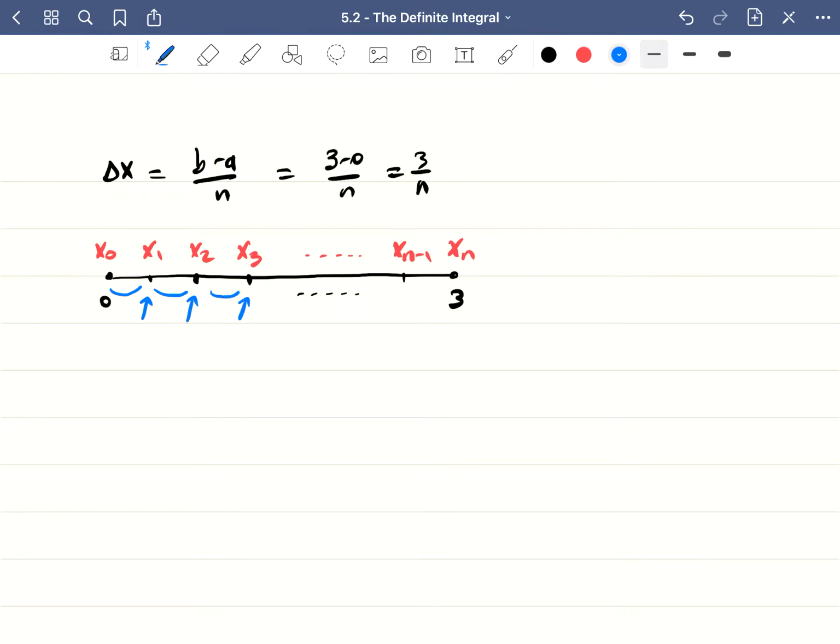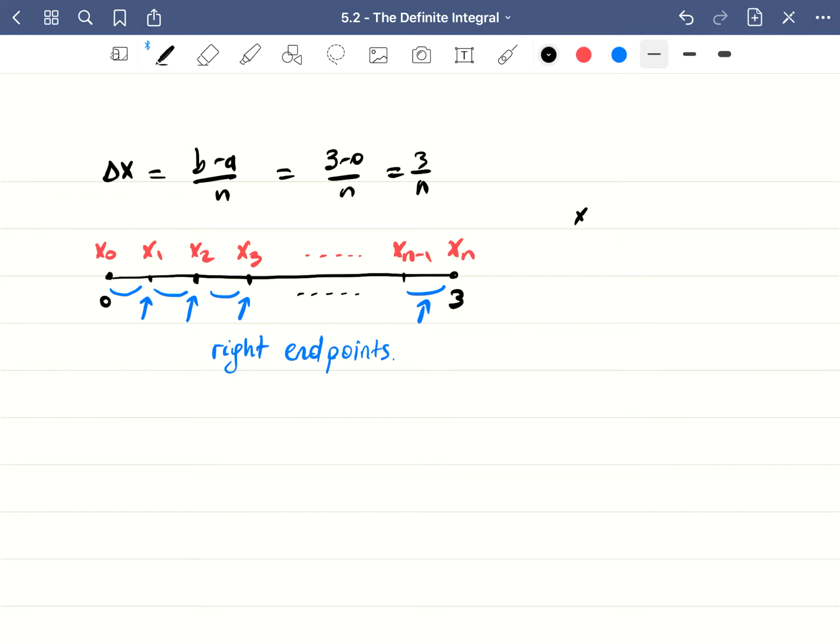So the right endpoints are x1, x2, x3, up to xn minus 1, xn. Let's find their values.